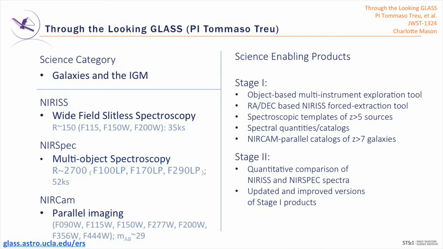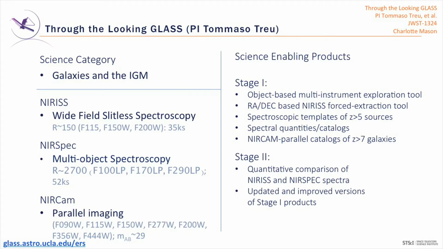So in particular, we're going to be using NIRISS in the wide field slitless spectroscopic mode at low resolution, and then going to be using NIRSpec using multi-object spectroscopy at medium resolution. In both of those, we're going to be covering a wavelength range of about 1 to 3 microns.